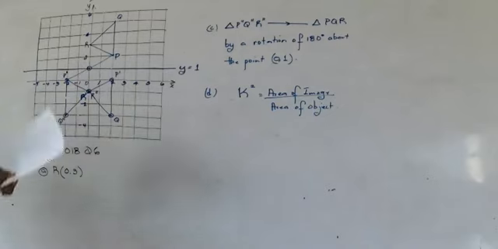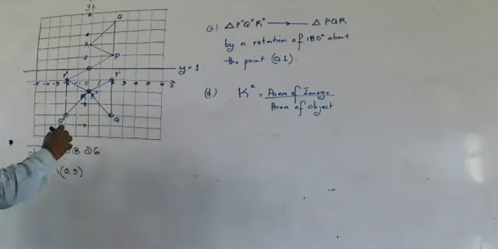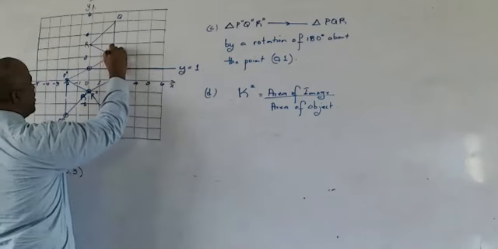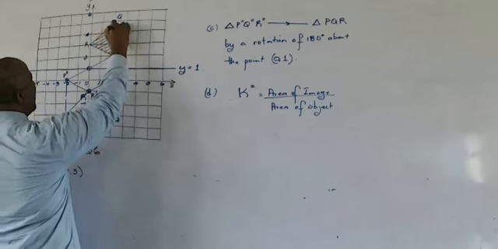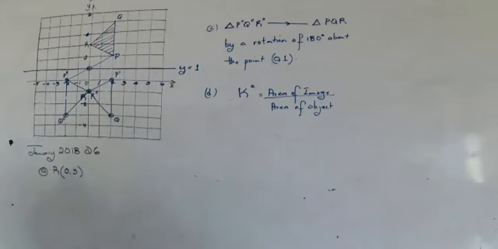Who can tell me what is the area of the image? The image is triangle... sorry, this is the object. The object is triangle PQR. Who can tell me what is the area of triangle PQR?